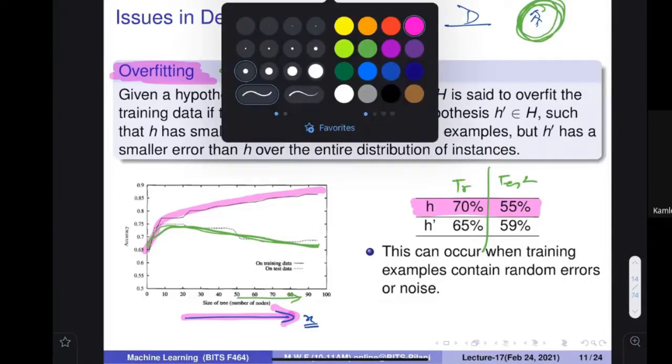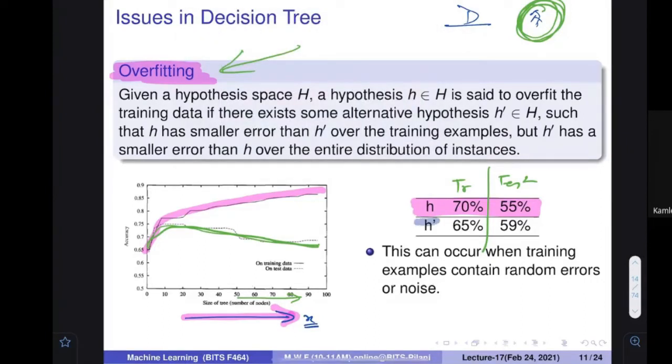Now I am going to ask a question. Let's assume that I give you another hypothesis H dash whose accuracy is 65% on the training data. Is it a good hypothesis? The answer is no, it is not a good hypothesis because its accuracy is lesser than 70%.